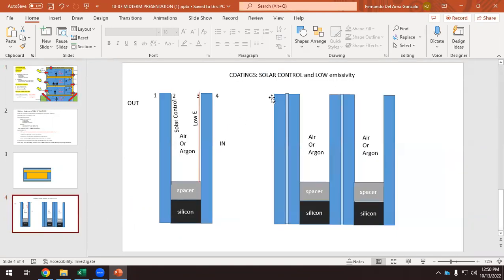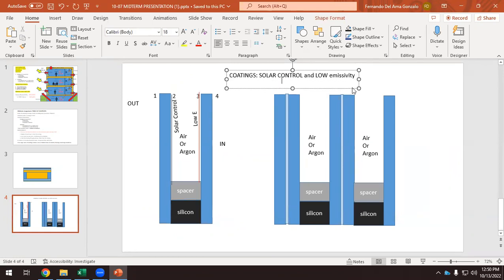So I want a very low U value, very low, and a high solar heat gain coefficient. But I want this in New Hampshire.